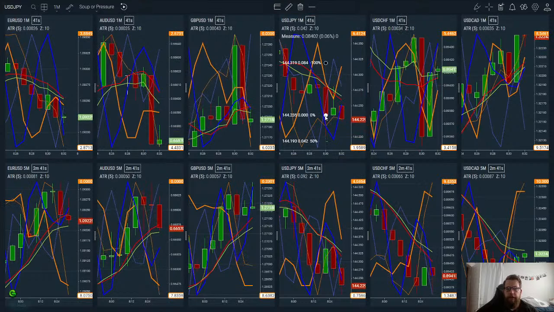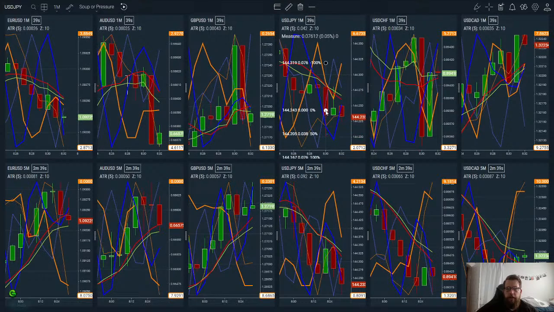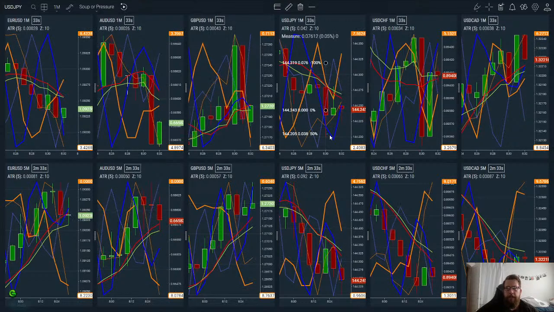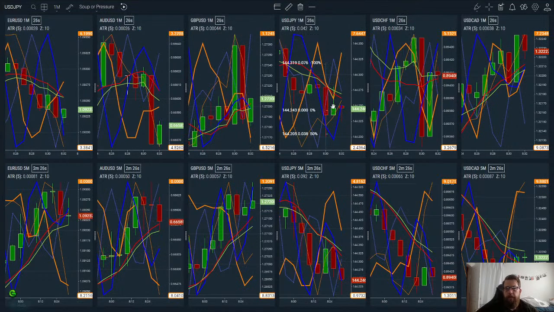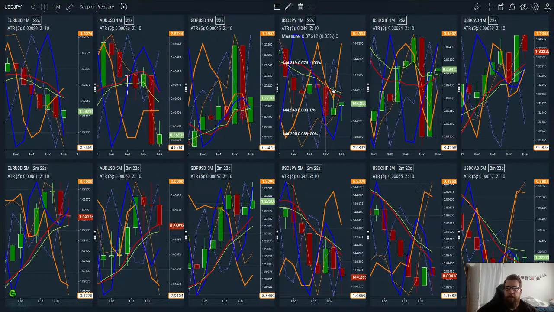Entry 243. Okay, we're looking for it to get to about right here. Still just kind of chilling at our entry. This is a good bar right here though, showing good rejection against the pressure there.